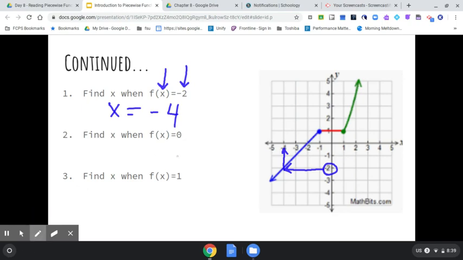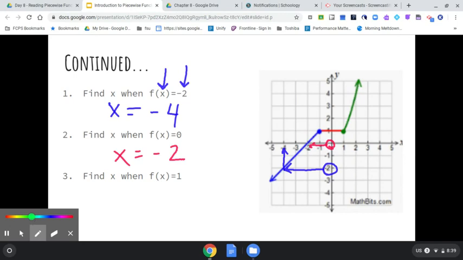Says find x when f of x equals 0 or y equals 0. Here is where y equals 0. If I locate the x that's associated with that, x equals -2. Third example on this slide says find x when f of x equals 1.